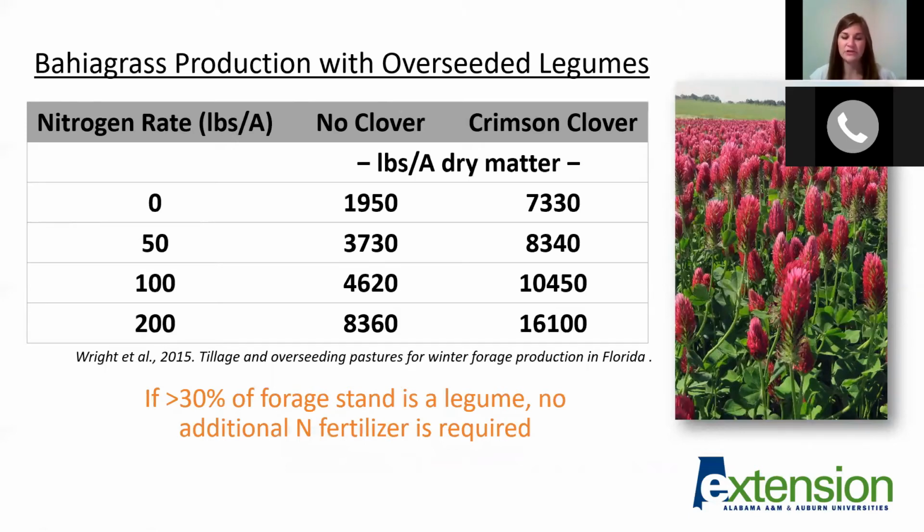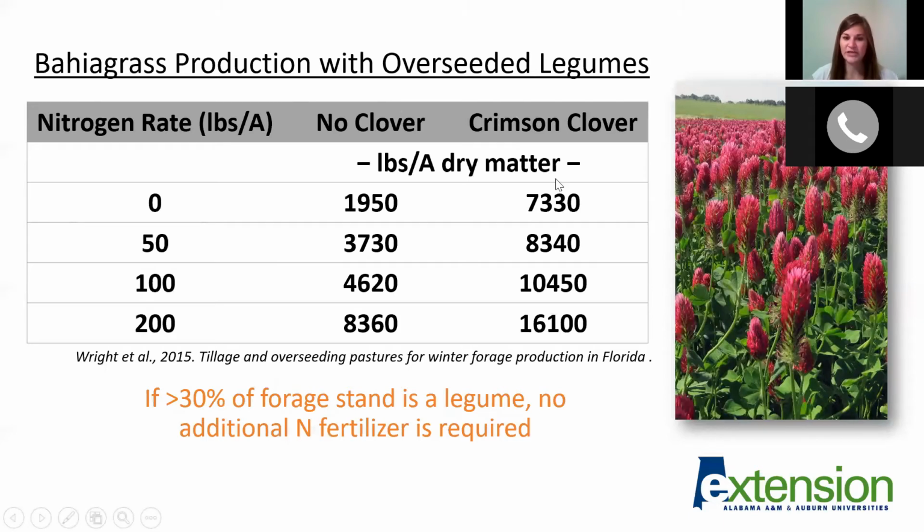For Bahia grass that was not overseeded with clover, in this instance, there was about 1 ton of dry matter produced when there was no nitrogen applied. However, for Bermuda grass with crimson clover overseeded, again, no nitrogen applied, you're getting about 7,000 pounds per acre of dry matter.